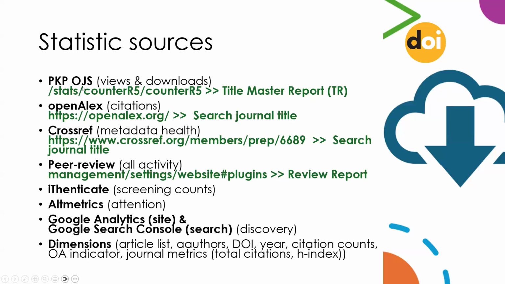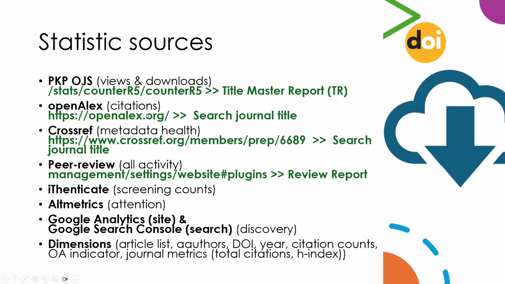If you use PKP OJS for the views and downloads for this quarter, repeat it for all the future quarters. Don't use PKP OJS one quarter or one year and the next you use Crossref. So my recommendation is PKP OJS for views and downloads. And when you report, acknowledge your source, where you got the data from.